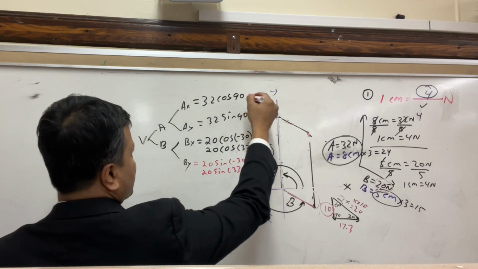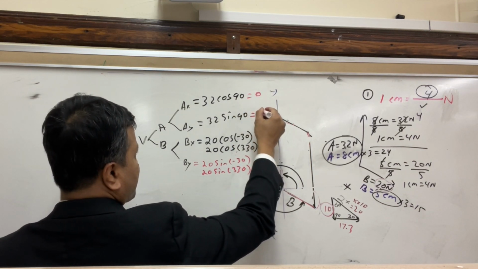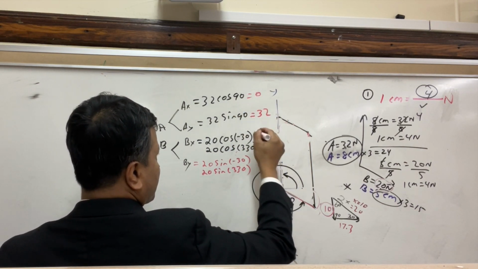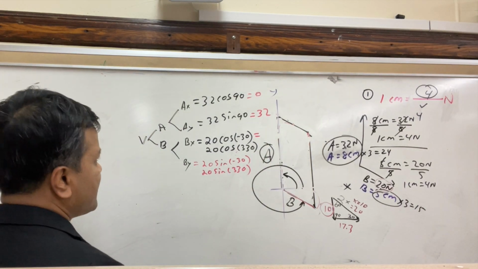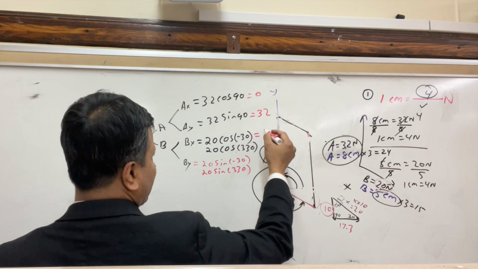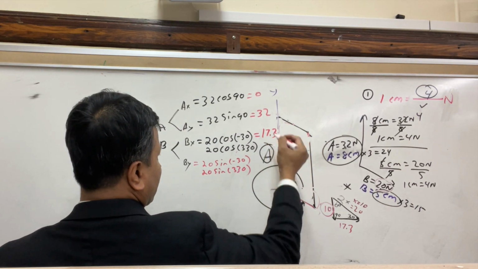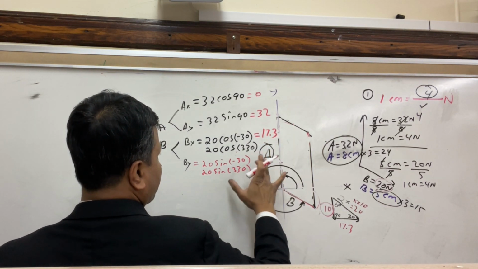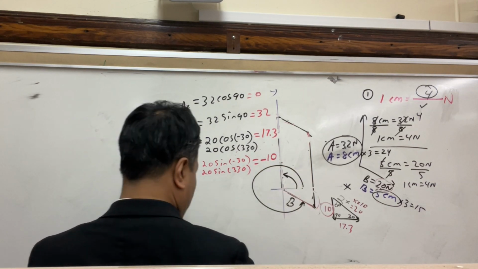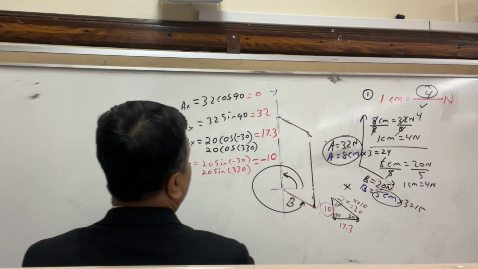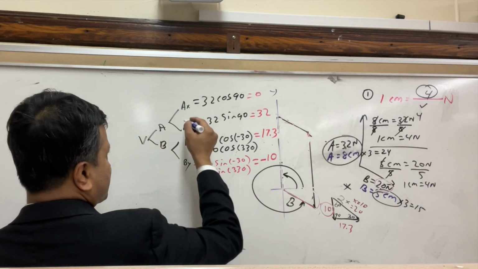Of course, this is 0 and this gives you 32, and this one gives you 17.3, and this one gives you negative 10. The calculator will give you that. All right, so this is your x.